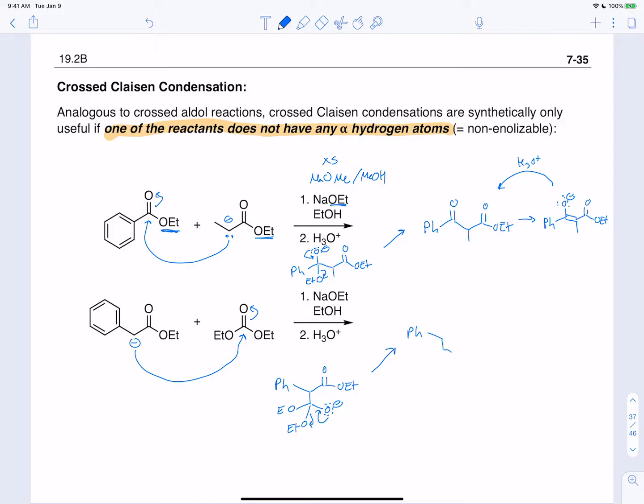We make our new beta diester product that will very quickly be deprotonated, because again, these hydrogens are very acidic. And then on workup with aqueous acid, we'll get our beta diester back.